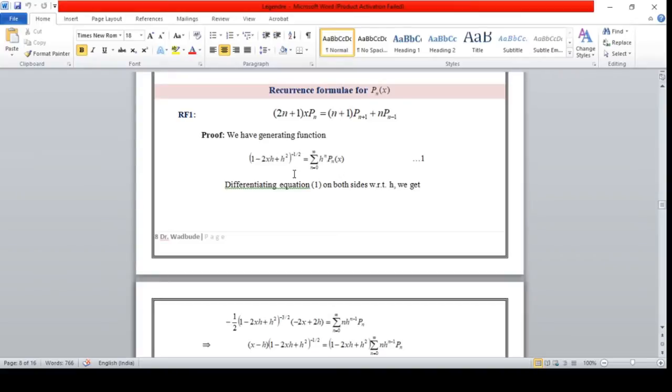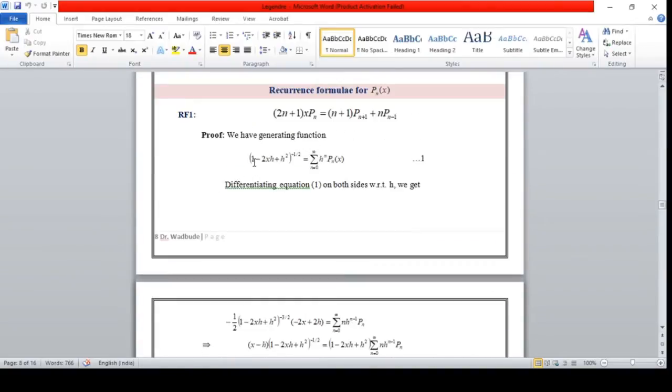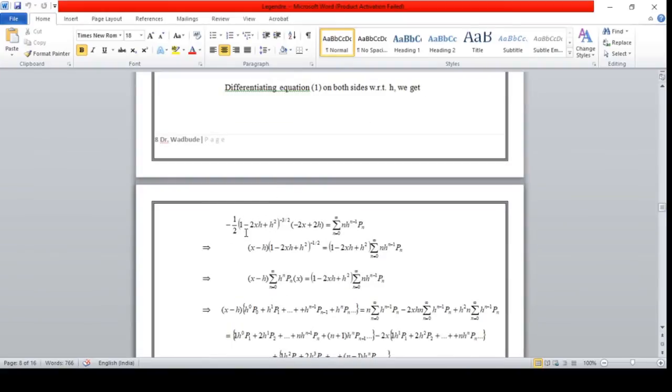X is constant. So the differentiation of this is -1/2 (1 - 2xh + h^2)^(-3/2) into the differentiation of the inner side of the bracket, which is -2x + 2h, equal to summation n = 0 to infinity n h^(n-1) Pn.